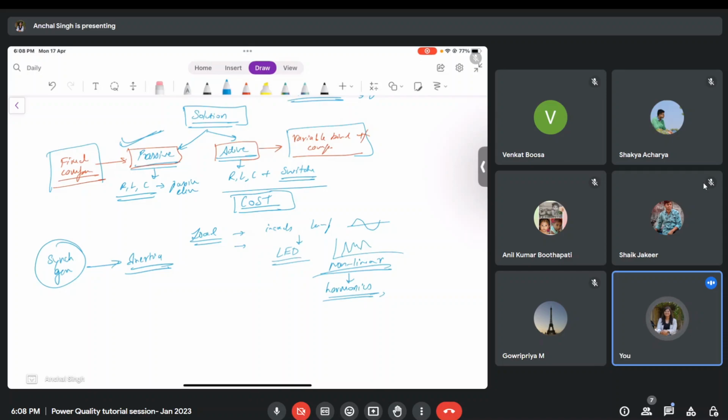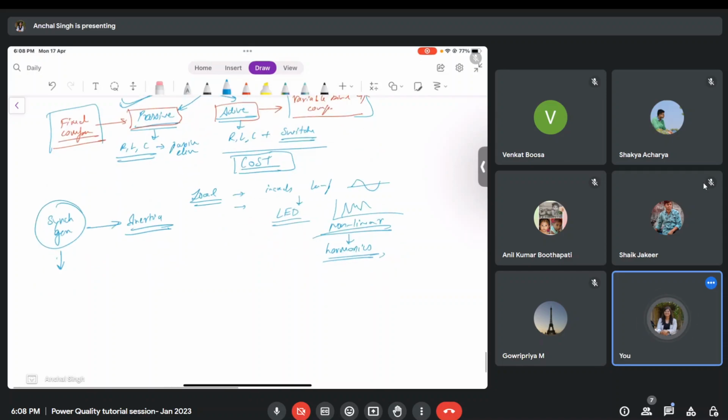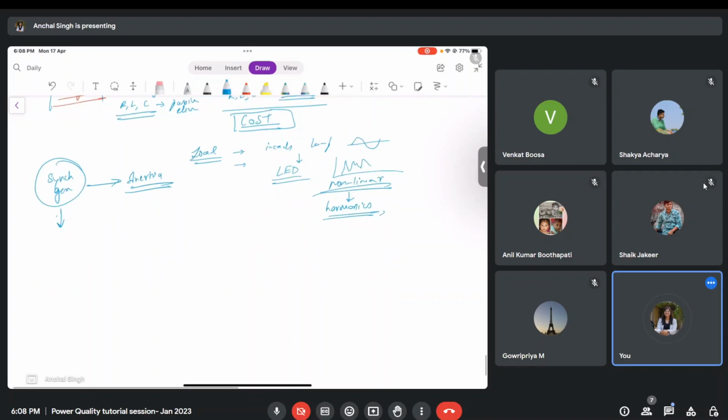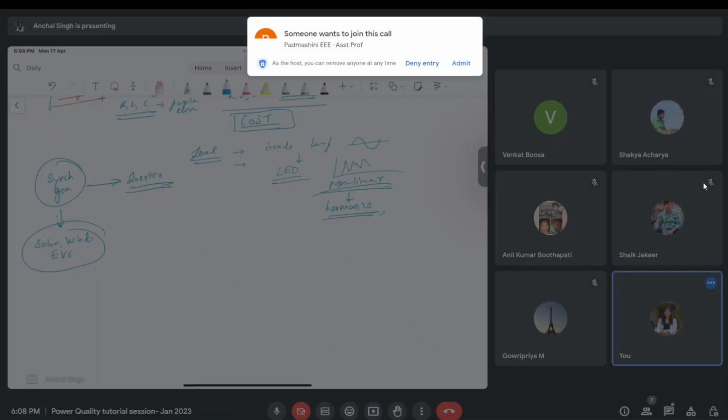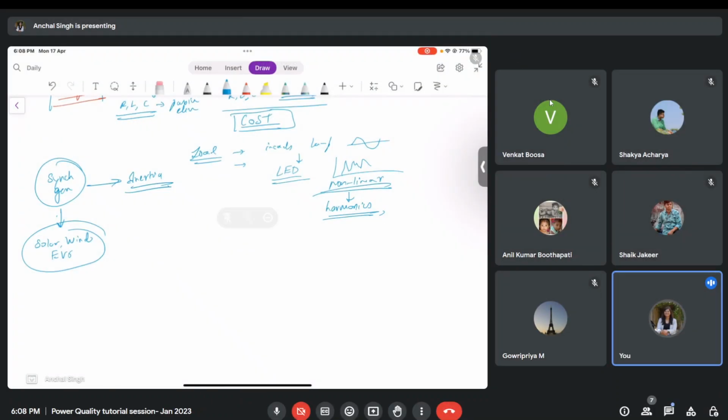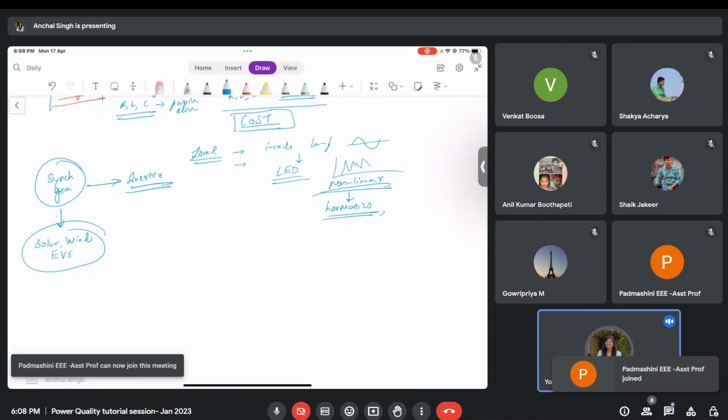But now what is happening is, from synchronous generators we are trying to move towards solar, wind, and electric vehicles. So we are in the midst of a paradigm shift. What does paradigm shift mean? Paradigm shift means when you change the way we look at things in the bigger picture.